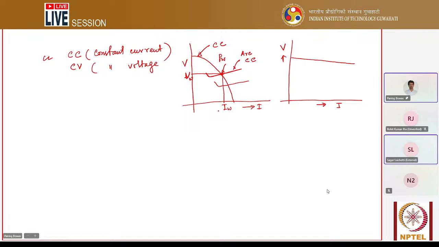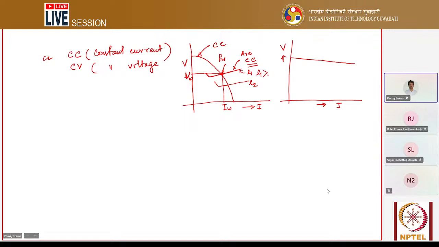Now what happens in case of constant current characteristic curves? You see, this is the characteristic curve for L1 length of arc. This is the characteristic curve for L2 length of arc. Generally if the length increases, your voltage increases.